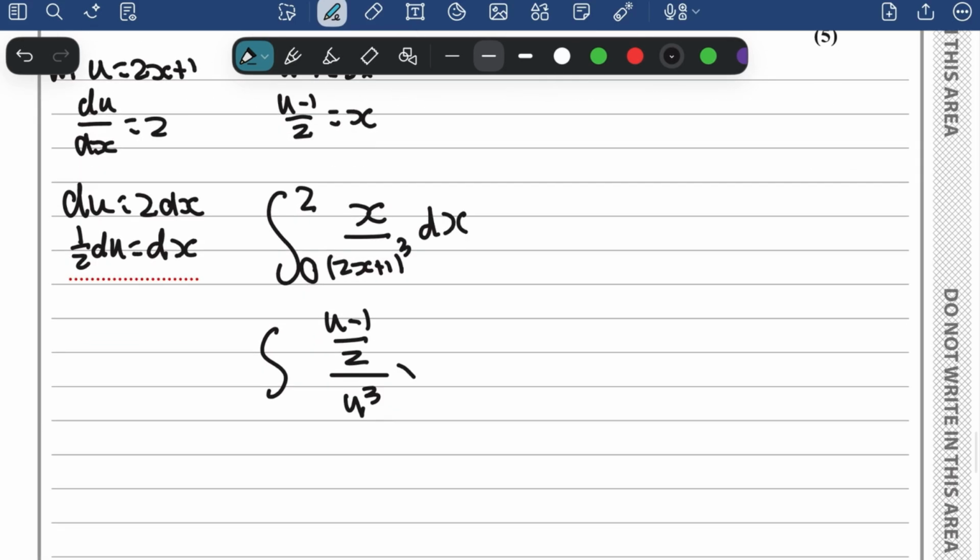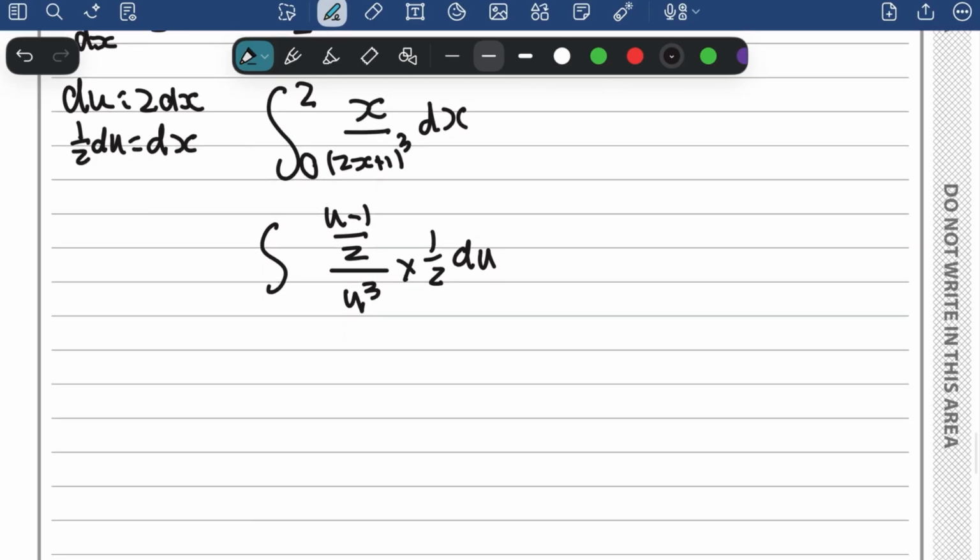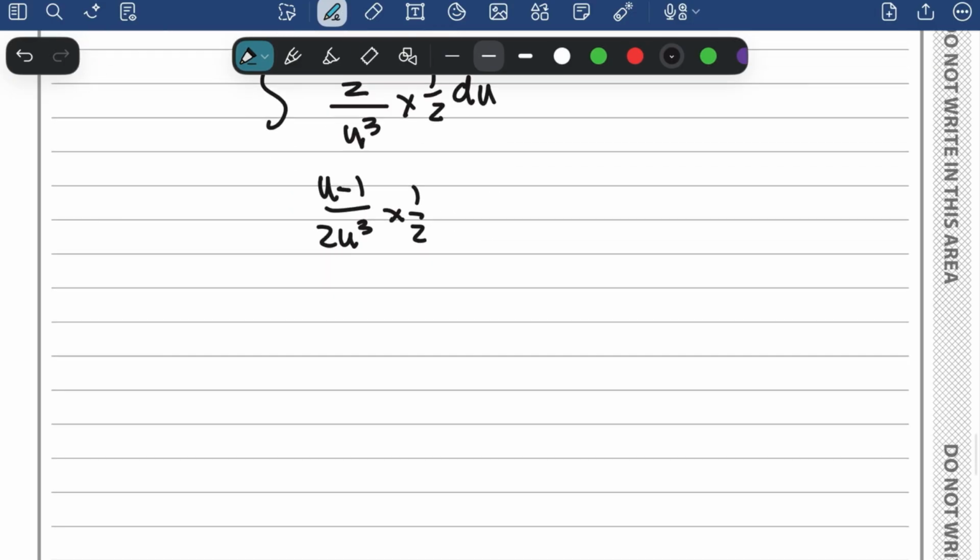All of that times by a half du. So that's going to make it now (u minus 1) over 2u cubed times a half, which is then going to make it (u minus 1) over 4u cubed du.